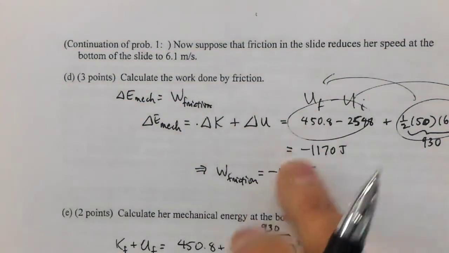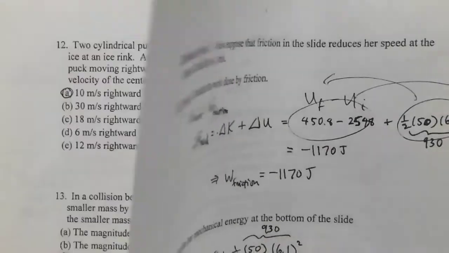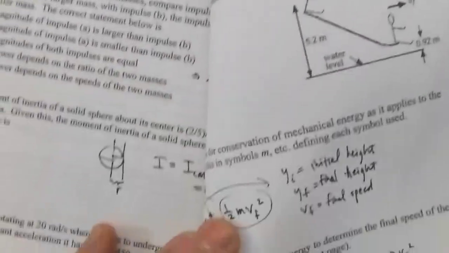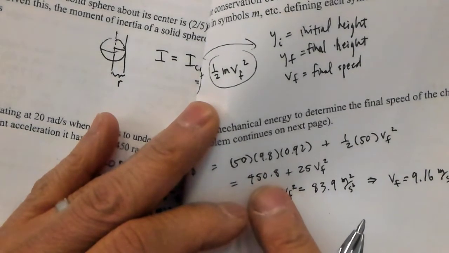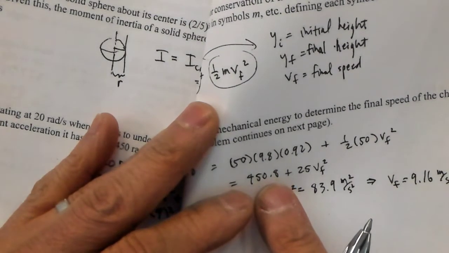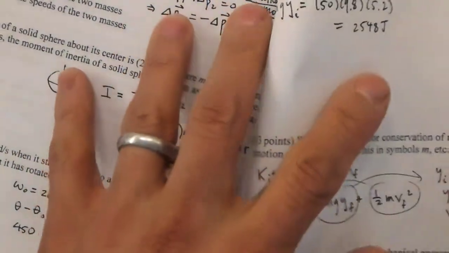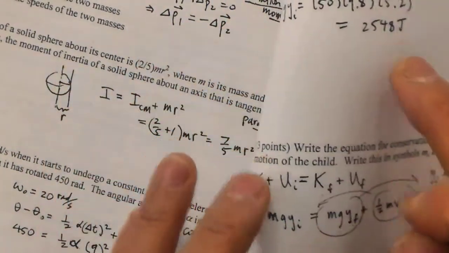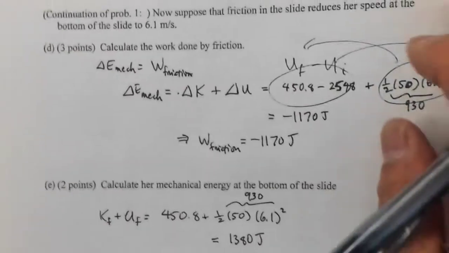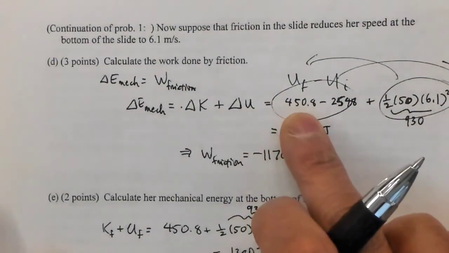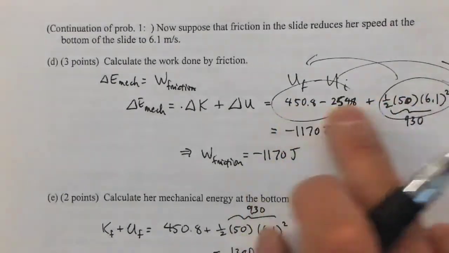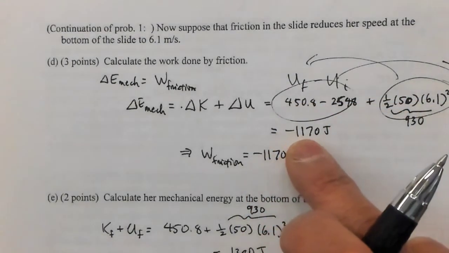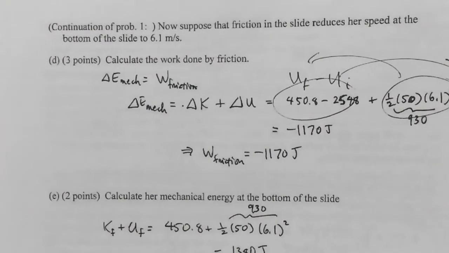Those numbers remain the same as what we had before. U final is 450.8, and the U initial we calculated up here, 2,548. So we have 450.8 minus 2,548, and putting all these together you get minus 1,170 joules.